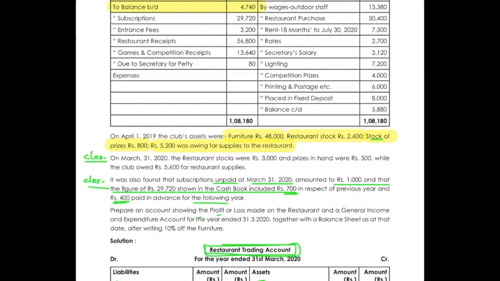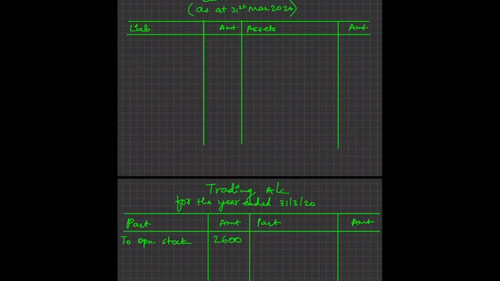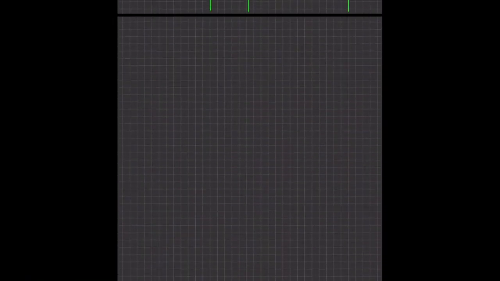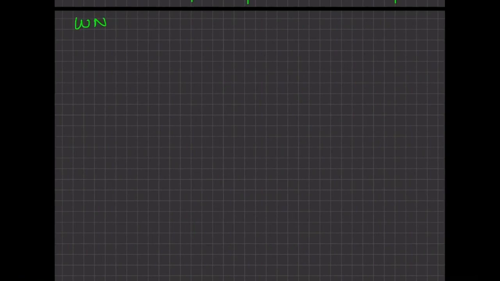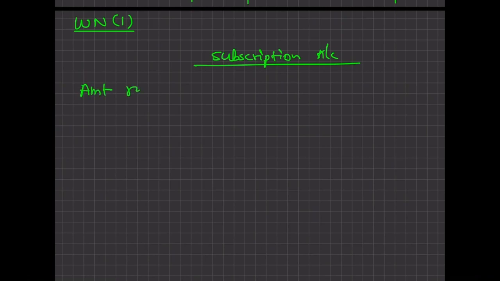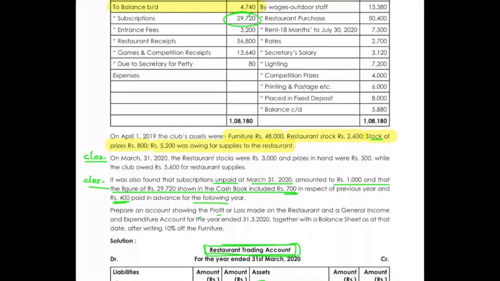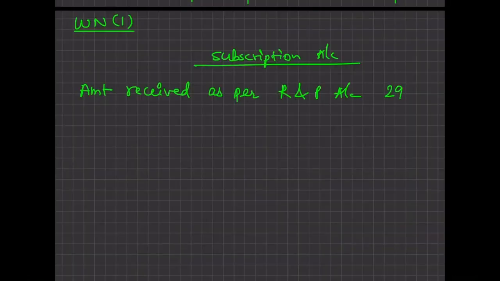What I have been given here, we have a subscription of 29,720. So let's prepare our working note number one. Subscription account. So if you have amount, let's do it in the statement format. Received as per receipt and payment account. How much amount was received as per receipt and payment account? It was 29,720.